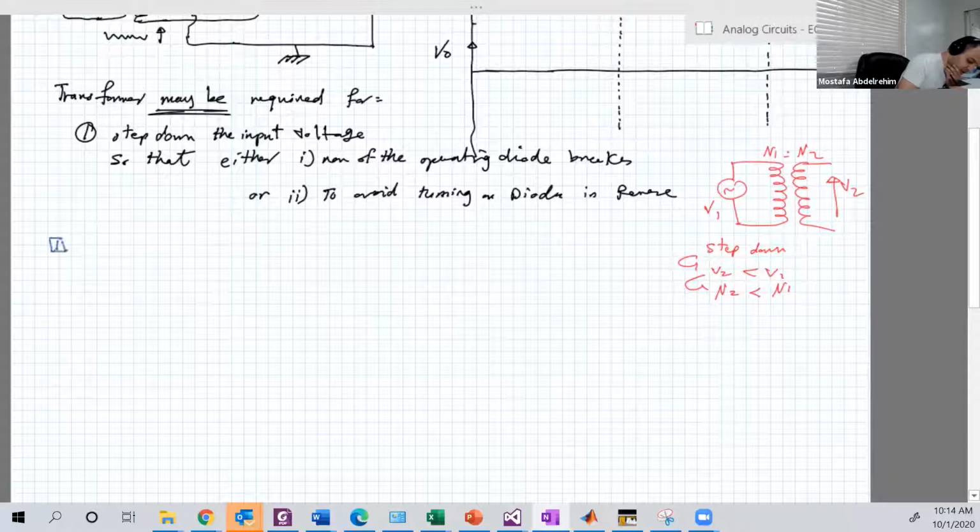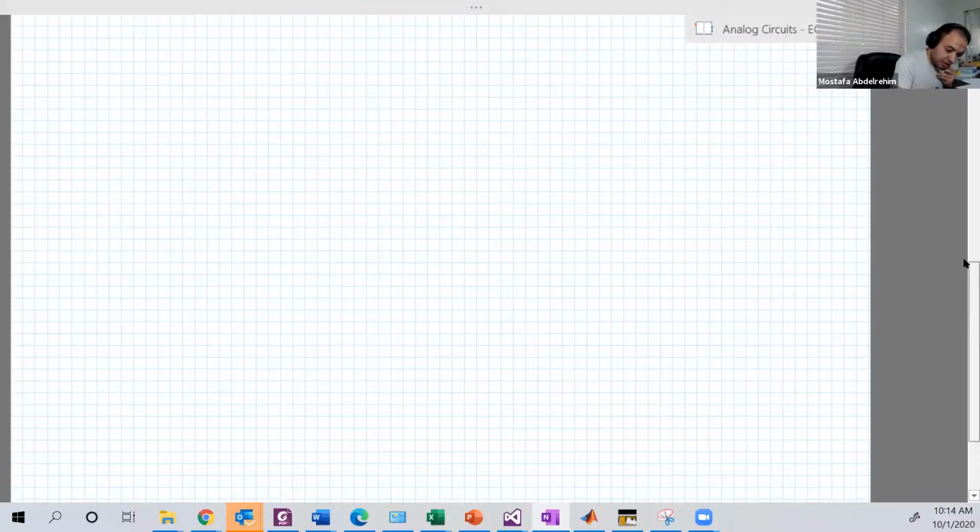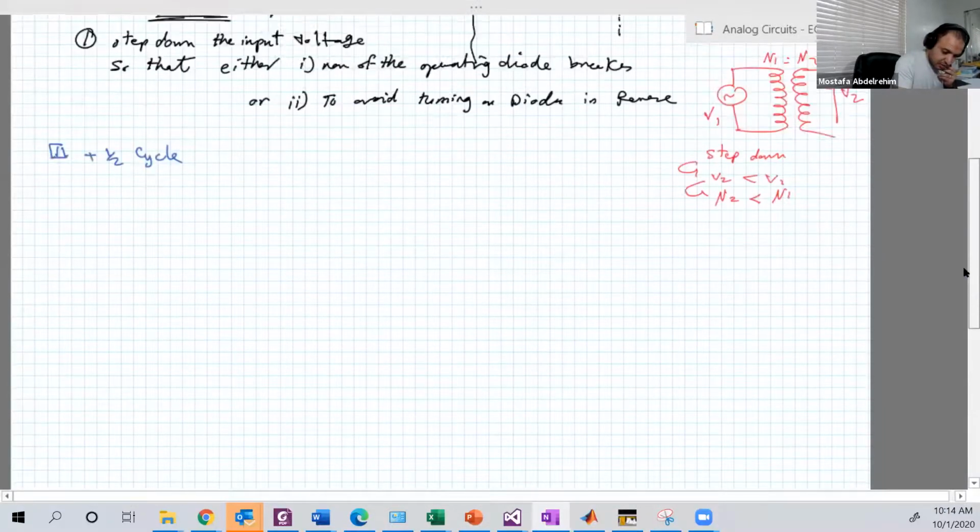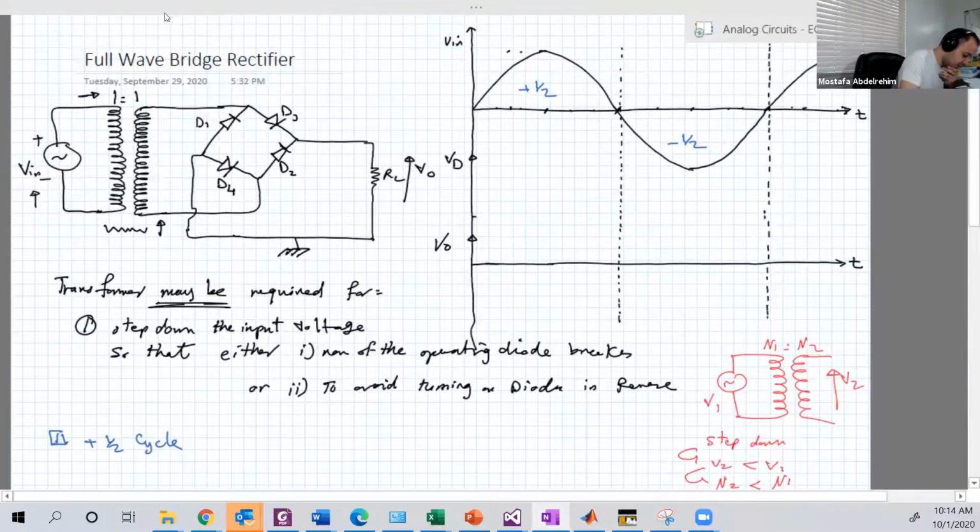Why? Number one, the positive half cycle. Now we need a kind of copy and paste to draw it again, because it's really tedious to draw it again.